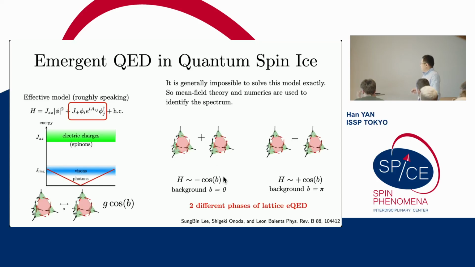The first one is just B equals 0 on each plaquette, which is the most conventional one. The other one is B equals pi on every plaquette, which is a pi flux phase. You can think of the ground state wave function as having a minus sign, or a pi flux, between the left-going loop and the right-going loop when you write it as a cat state.